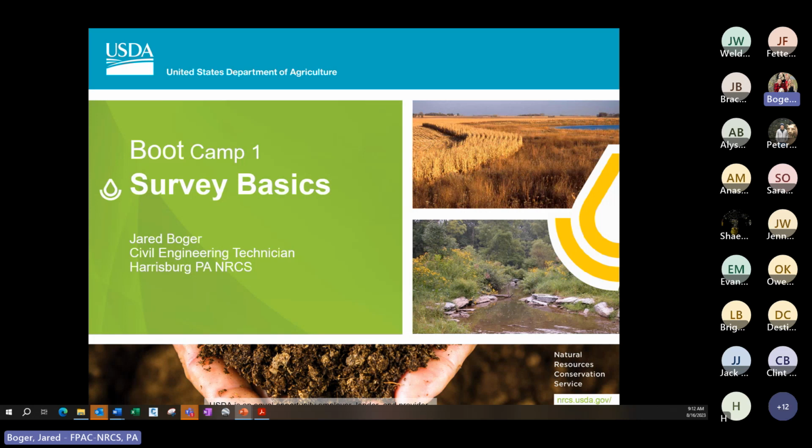But in the grand scheme of things, to learn engineering surveying, you have to do it in the field. This is going to be a quick rundown on some of the descriptions. But when we meet up in Union County in a couple weeks, we're going to do all this stuff, and hopefully at that point it's going to make a little more sense.